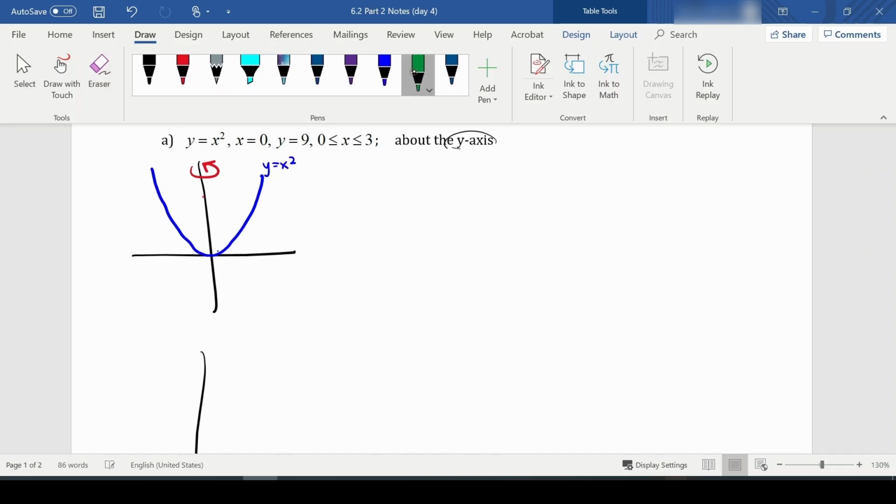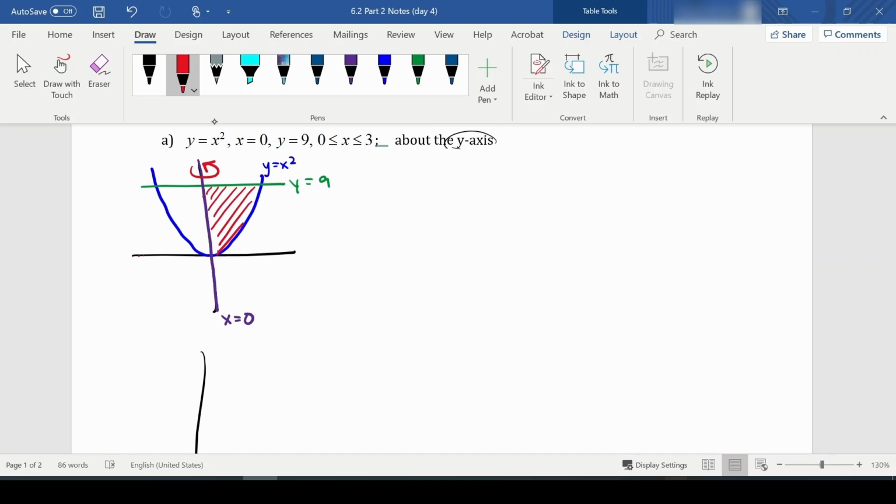We have y equals 9. And we have x equals 0. So our area here that we're rotating would be this area.